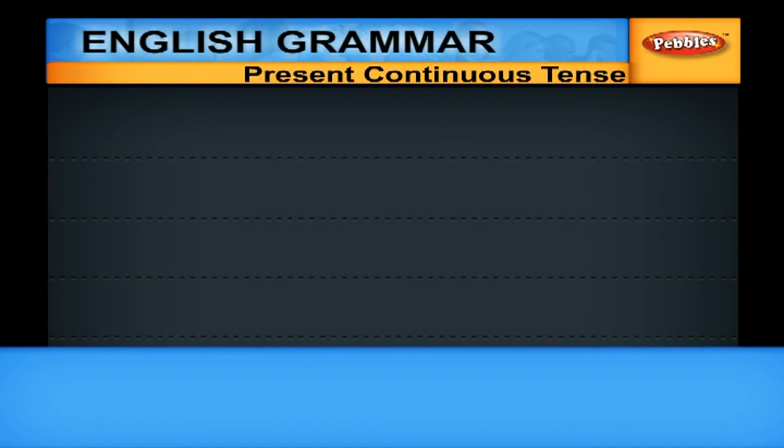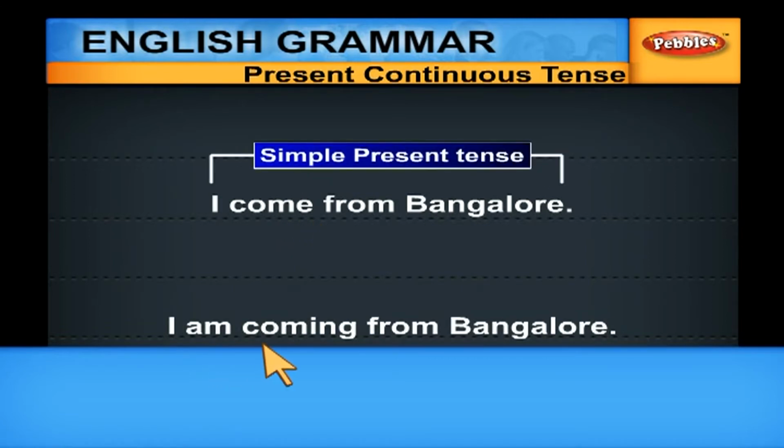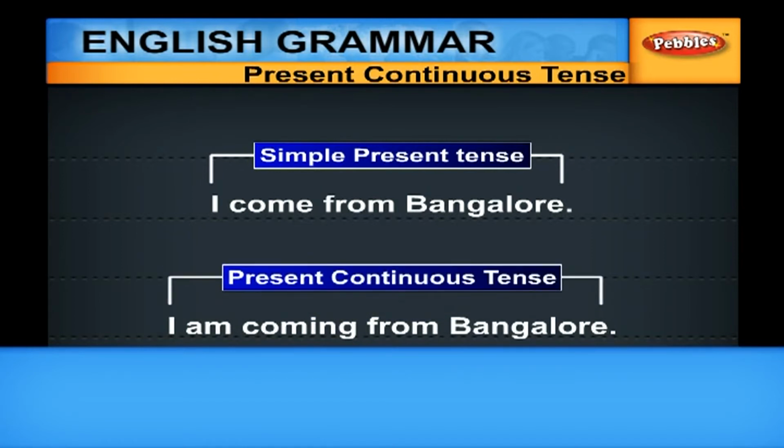What is the difference between I come from Bangalore and I am coming from Bangalore? The first one is in the simple aspect. The second one is in the continuous aspect. So, when I say I come from Bangalore, I can say that my native place is Bangalore and I have come from Bangalore.